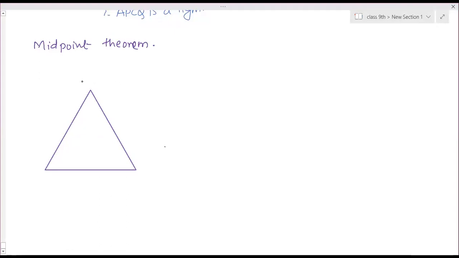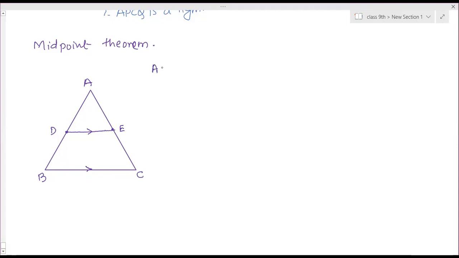Suppose this is AB, and AB's midpoint is D, and AC's midpoint is E. The line joining these two points is always parallel to the third side and half of the third side.